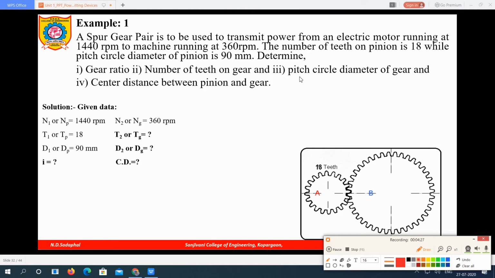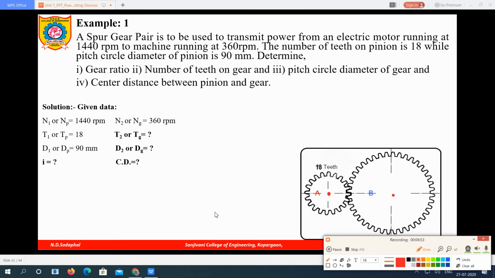The pitch circle diameter D2 or DG, and the center distance between pinion and gear. This is the pinion, this is the gear. So we have to find the center distance from this center to this center, the distance between the pinion and gear.